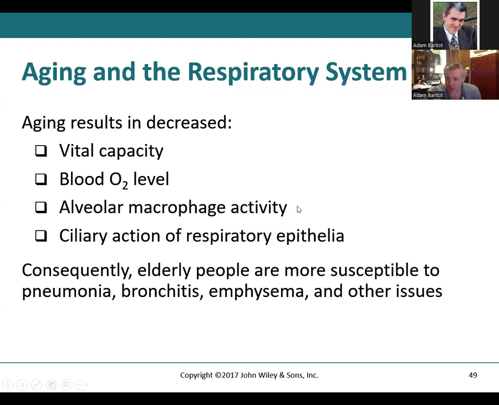We have fewer macrophages and they're less active as we get older, meaning that dust will irritate and stay irritating, increasing risks of infections. Ciliary action of the respiratory epithelia is also reduced, leading to more things getting caught in our respiratory system. Consequently, elderly people are more susceptible to pneumonia, bronchitis and emphysema, and other issues.